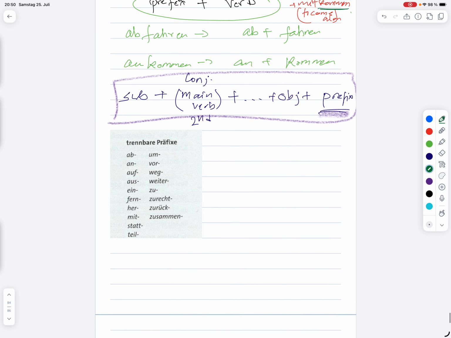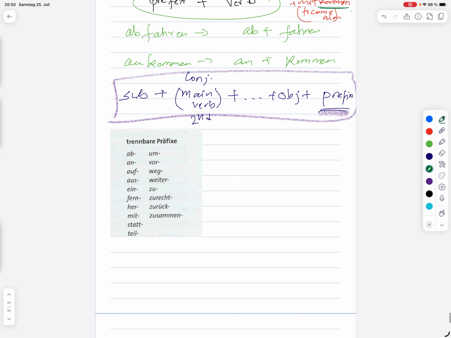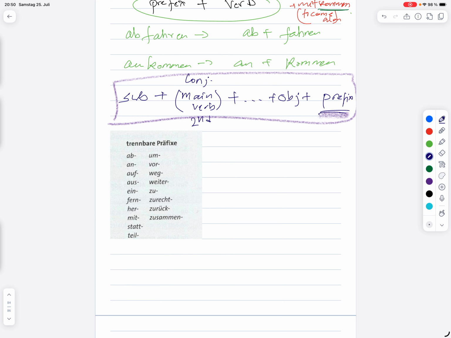But usually it's something related to the prefix meaning plus the main verb meaning. So you can also identify the Trennbare verbs with some examples of the prefixes. For example, you have ab, right? So we saw above abfahren. Abnehmen is also a Trennbare verb, and then you separate the prefix, and then you conjugate nehmen. So nehmen will be ich nehme, du nimmst, an irregular verb, and then ab goes at the end. Then you have an, we did ankommen, right?